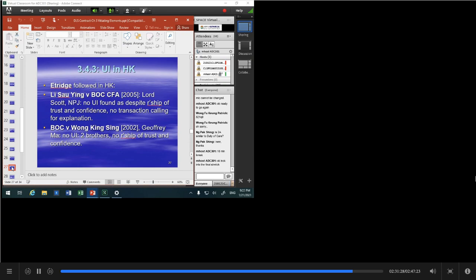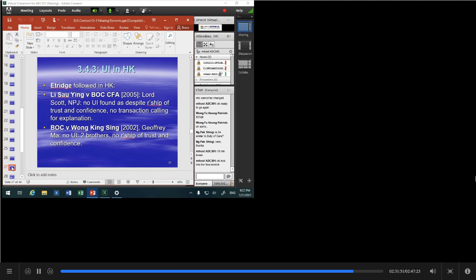Okay, so remember, going back, make sure you know what undue influence is. It's the doctrine in equity, the equitable counterpart of duress, arising out of the relationship between the two parties. And if you can prove undue influence, it renders the contract voidable at the option of the innocent, the weaker party.